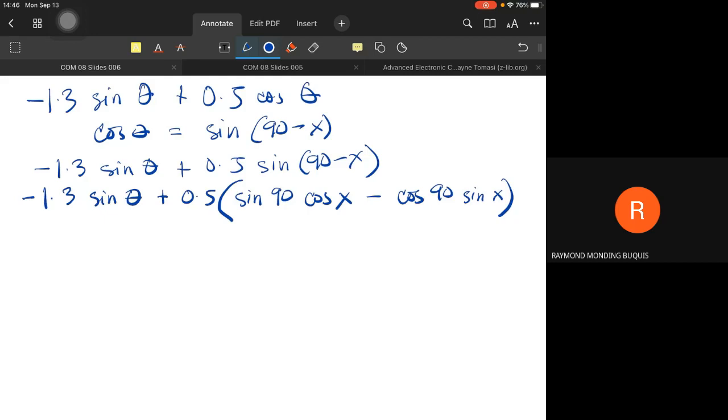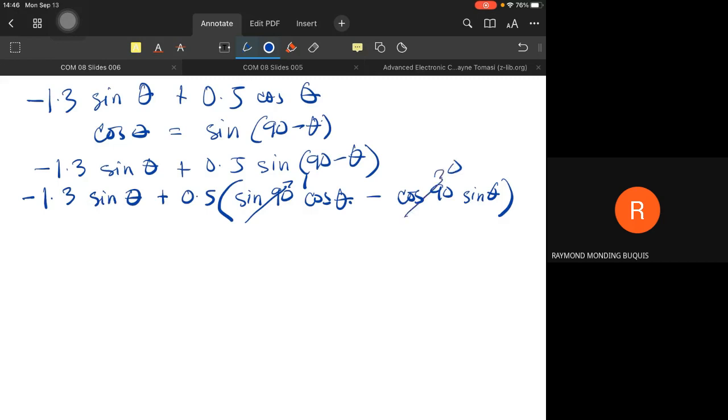90 minus... oh. Sorry. Kasi malibog ta, no? Theta na siya. Sin 90 is 1. No? Sin 90 is 1. Cosine 90, 0. So, 0 na siya.